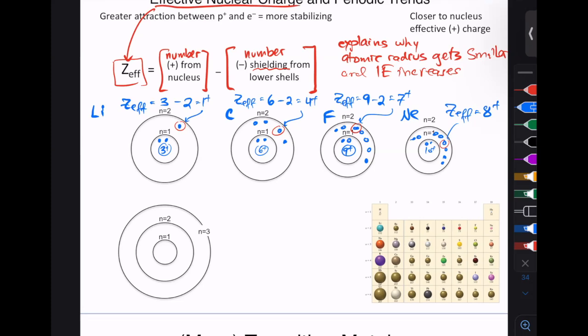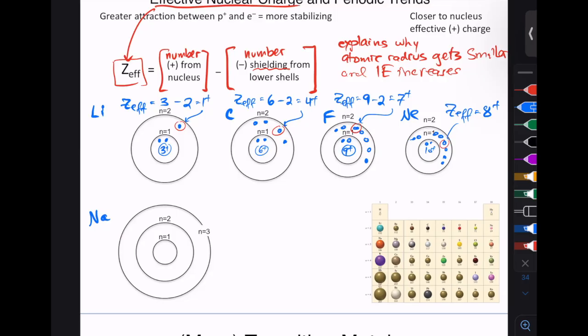But now what happens when we get to sodium? With sodium, and we've already seen this, okay? We've got 1 more electron to place, but now we are out of energy levels at the n=2 principal energy level. We're out of orbitals. We're out of sublevels. So that next electron has to go into n=3.